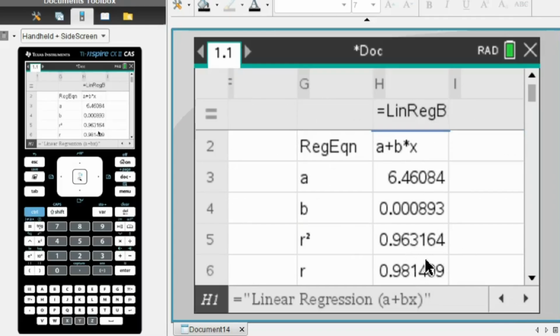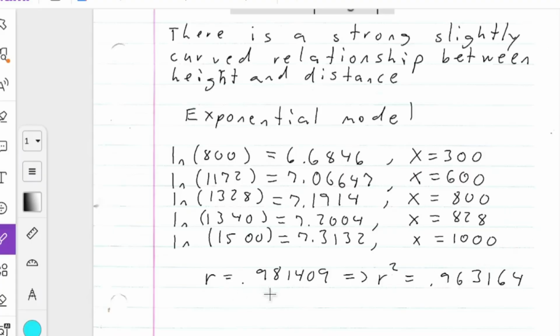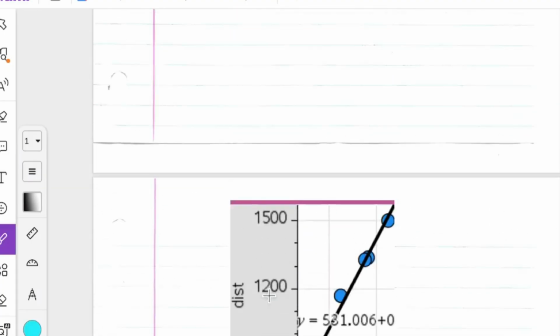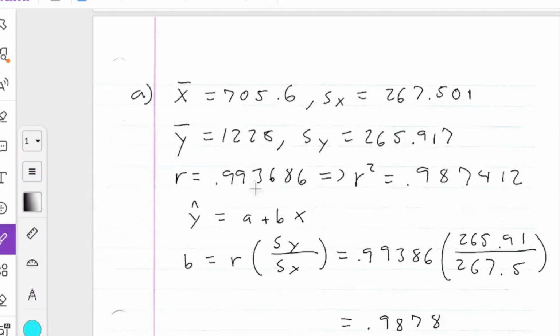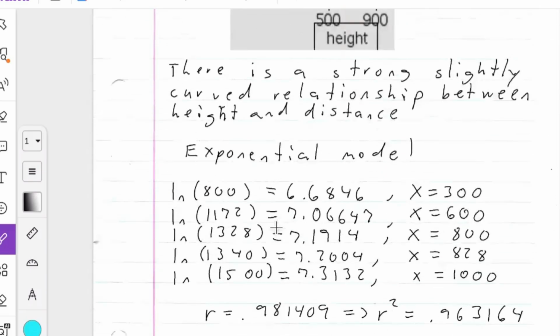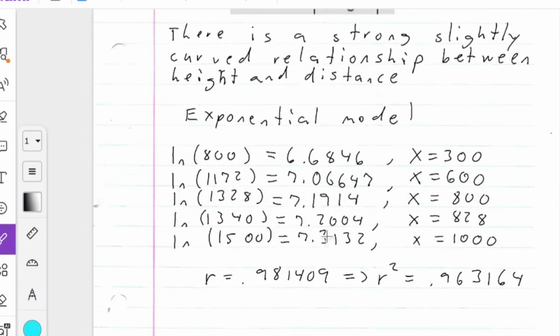So as you can see, let's go ahead and compare. R here is still not as strong as our first one, so the exponential model isn't the way to go, right? So now we're going to try another model.